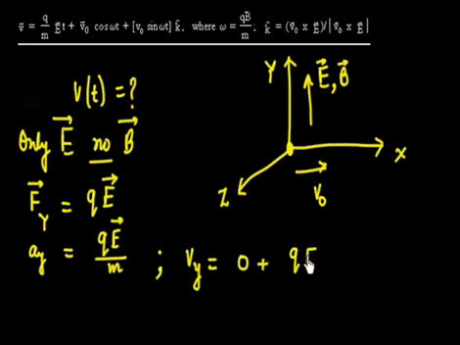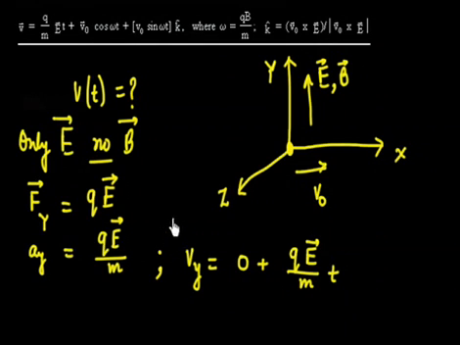Now a is nothing but qE by m, and this into t. So now I know the velocity in the y direction: Vy is equal to qE by m into t. And now the E vector and the y vector both match, so simply if I write qE vector by m into t, this gives the velocity in the y direction with a vector sign.